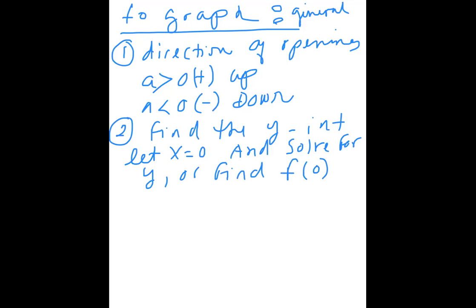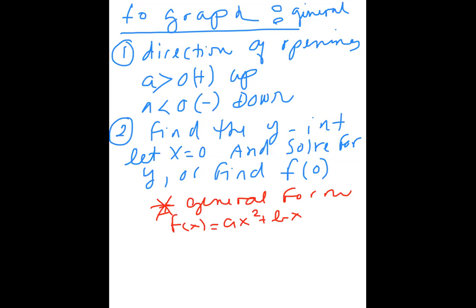When it's in the general form, here's a nice little tidbit for you. If you've got f of x equals ax squared plus bx plus c, and you plug in 0 for every x to find f of 0, look at what you get. b times 0, and then plus c.